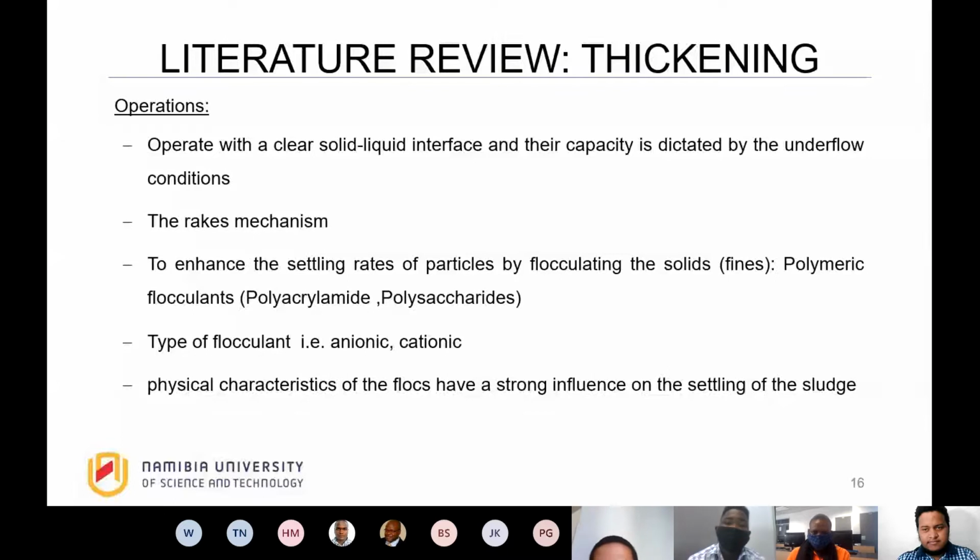Now, to enhance our settling rates, one would have to add some reagents, and we have two types, the flocculant and the coagulant. It depends on what type of operation you would want to run, and from your test works, you'll be able to determine whether you need both the flocculant and the coagulant.